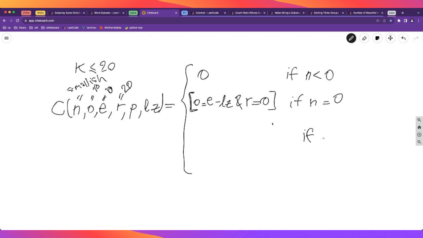And then there's a general case where n is greater than 0, in which case we want to consider every possible digit. So we'll do a sum. This is how it is written in math notation, but it's the same in code.